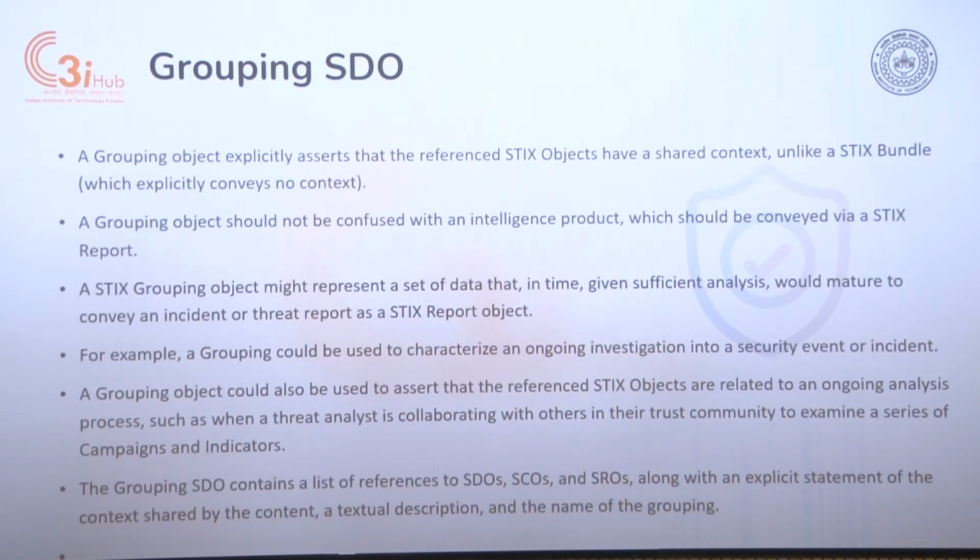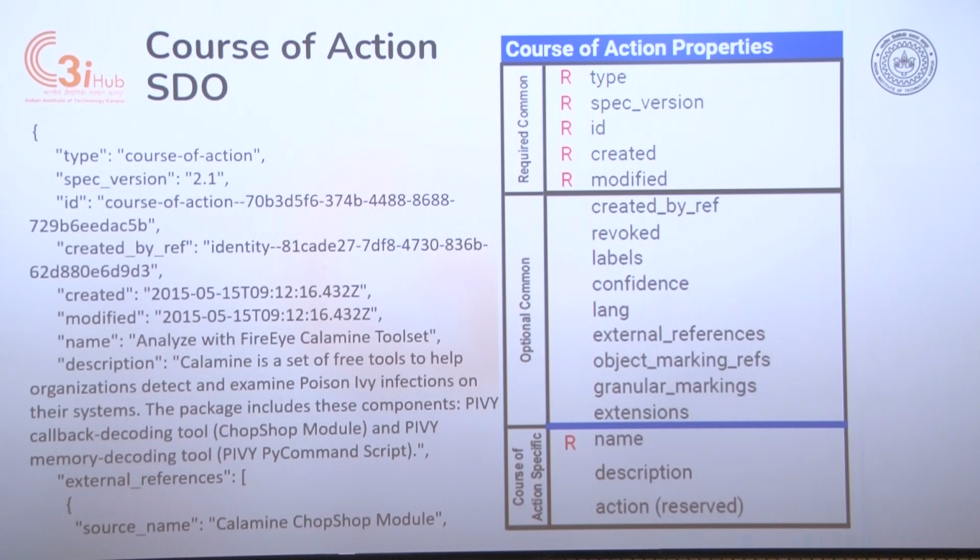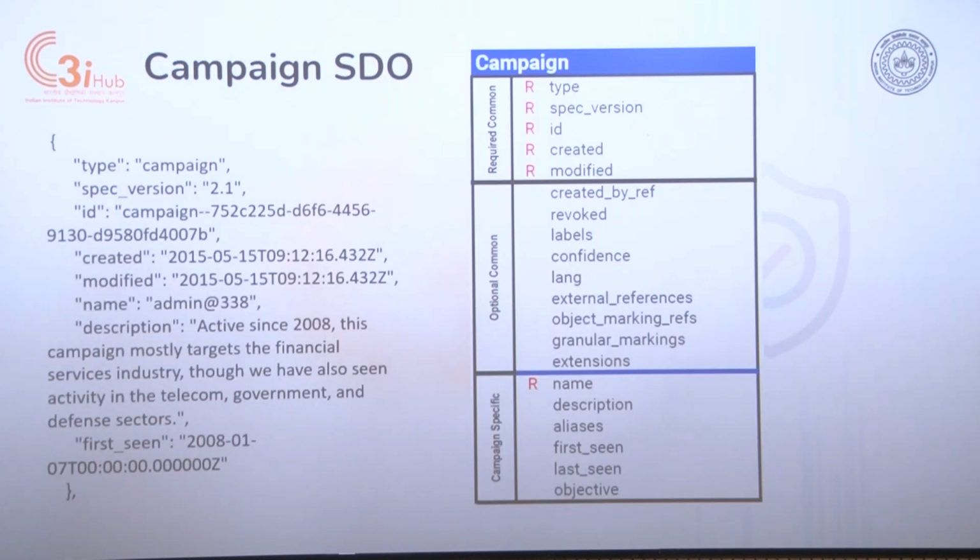Now the grouping SDO is how you group different objects. We already saw multiple objects, right. We saw the course of action object, and we saw an example of a campaign object.